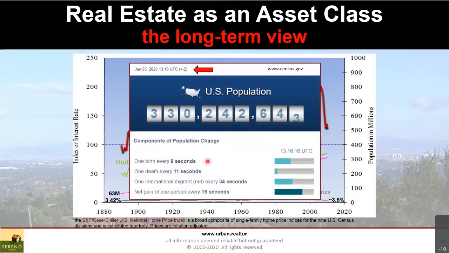We have one birth every 8 seconds, one death every 11 seconds. I'm sure these numbers are a little bit different today with the coronavirus. One international migrant every 34 seconds, and a net gain of one person every 19 seconds.